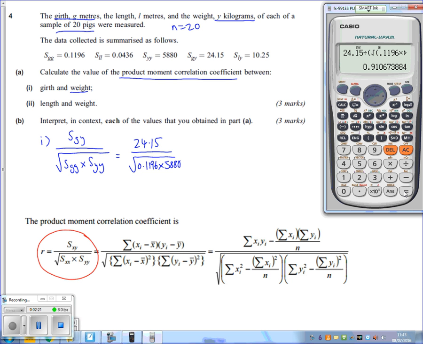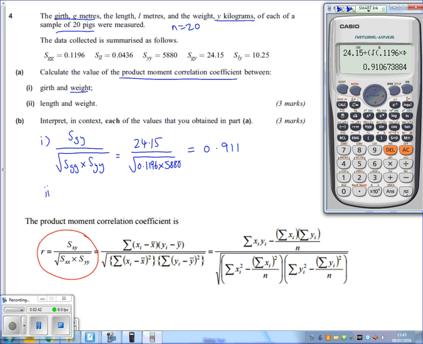So if you go back to the instructions on the front of the paper, it tells us the final answer should normally be given to 3 significant figures. So I'm just going to round that to 0.911.